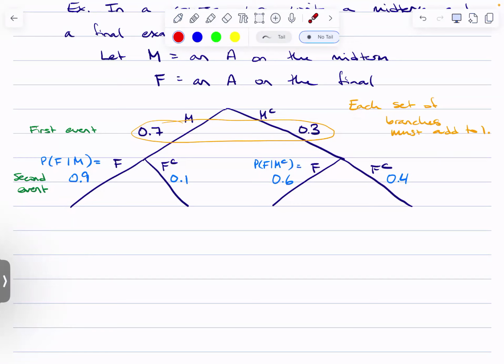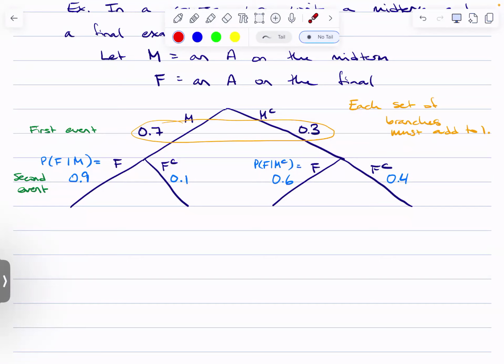Okay? You can even use tree diagrams for independent events. You flip a coin, that's boring, but you flip a coin, heads, tails, probability 0.5, probability 0.5. Flip a coin again, the second event, heads, tails. It becomes a very boring tree diagram, something you can solve without it, but you can still use a tree diagram.